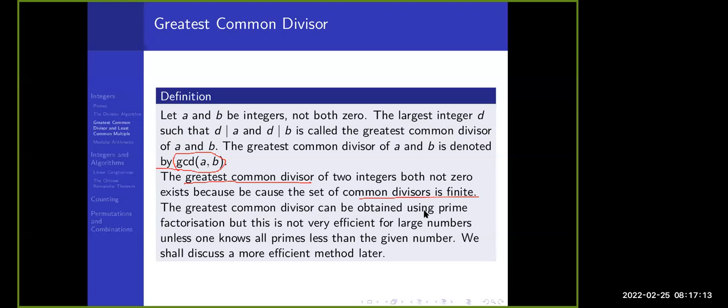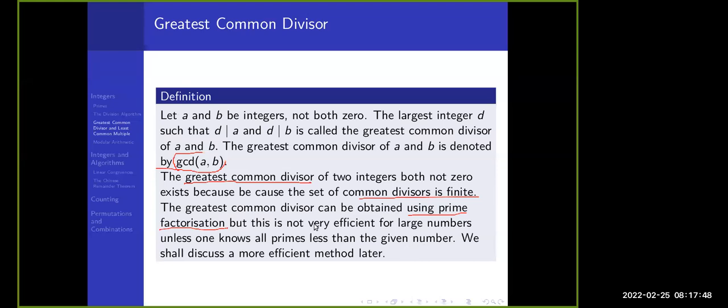Previously, in your previous encounters with factorization, you used prime numbers to obtain the greatest common divisor. We shall still show how that works, but it's not a very efficient technique because it works very well for small numbers, which is what you do maybe in high school. But in practical cases, you need very large prime numbers, which are not easy to find.